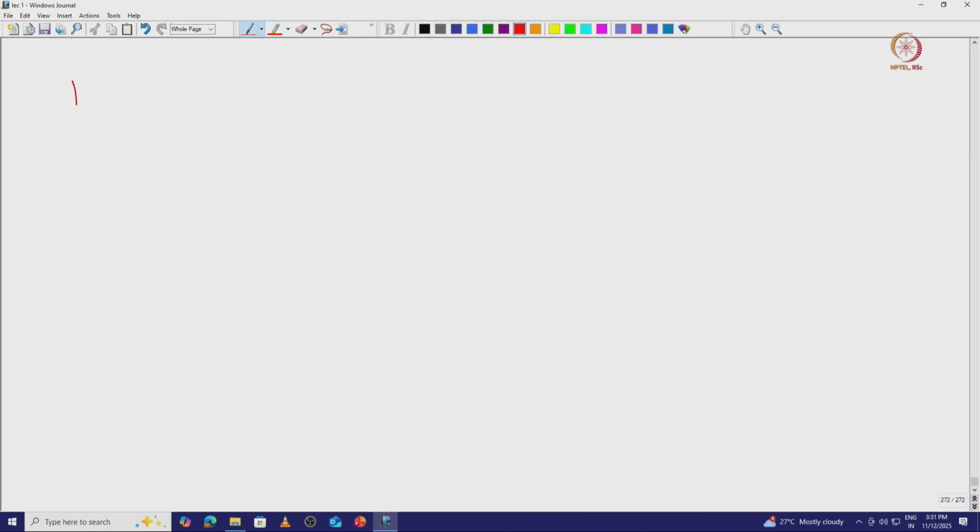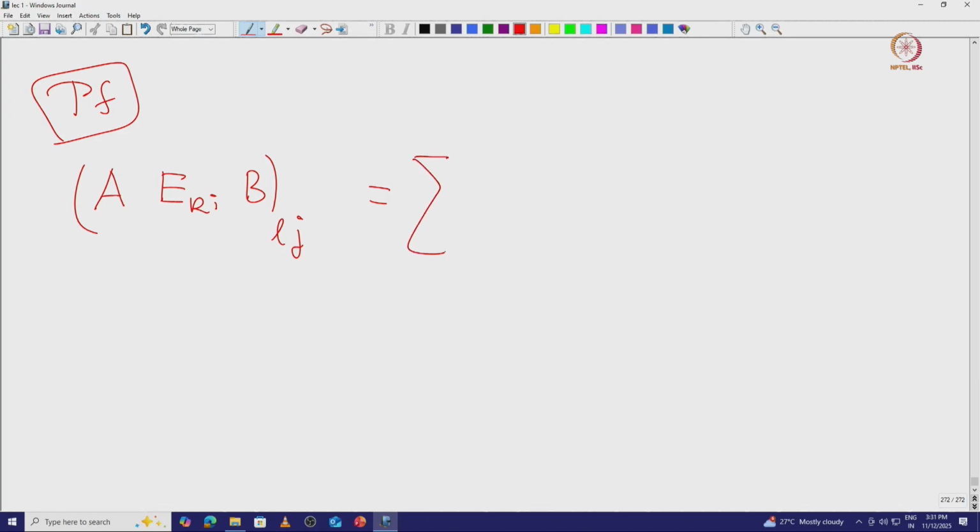So, here is the proof. If we compute these products in terms of the definition, the (l, j) entry of A E_ki B is a summation of A_lx (E_ki)_xy B_yj, where x, y run in the respective sets.